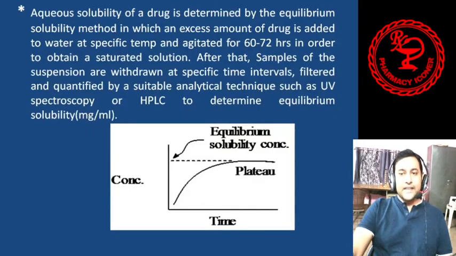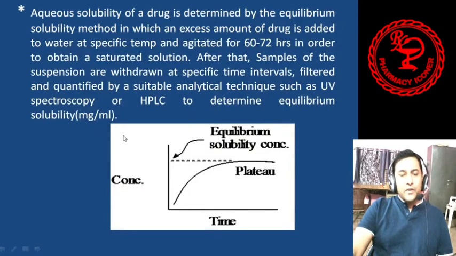After that, the samples of the suspension are withdrawn at specific time intervals, then filtered and quantified by a suitable analytical method such as UV spectroscopy or HPLC to determine the equilibrium solubility. It is expressed in milligram per ml or gram per ml.